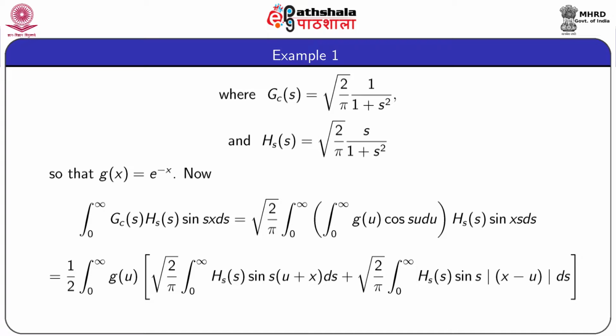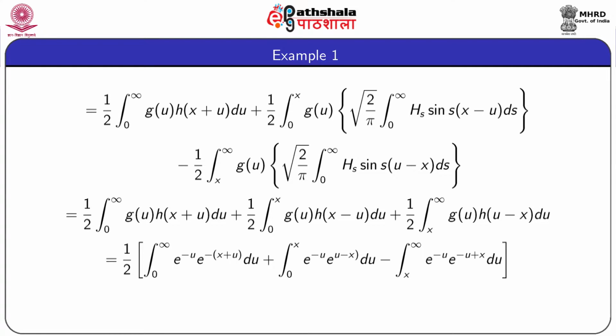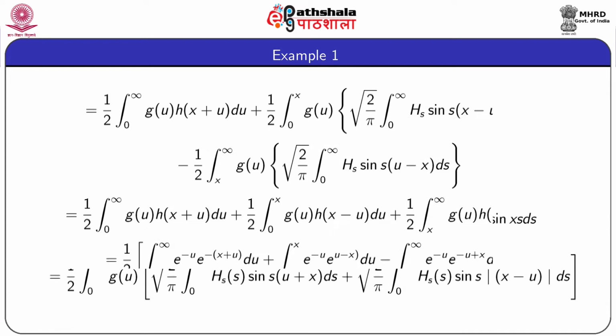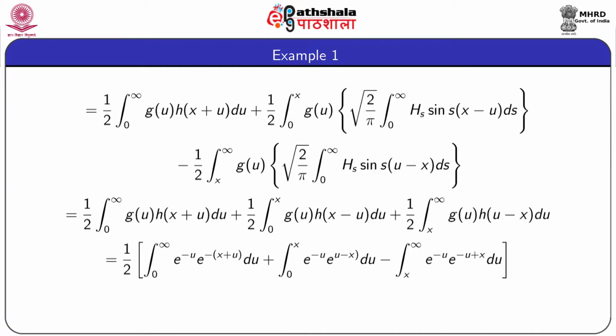So, that we get sin s(u plus x) and sin s mod of (x minus u). Now, this integral becomes equal to half of integral 0 to infinity g(u) small h(x plus u) du.